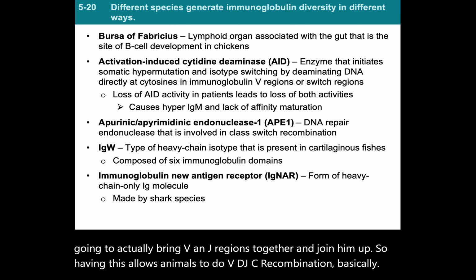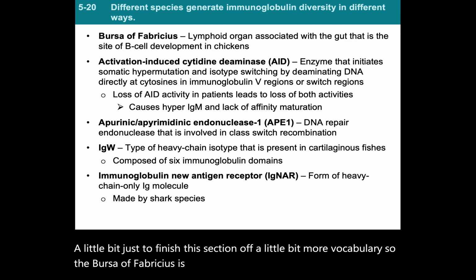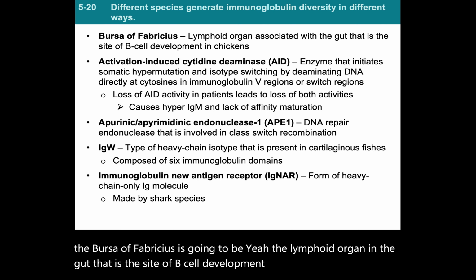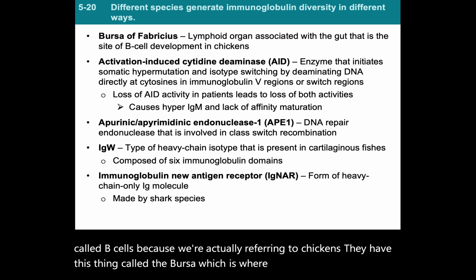Okay. Just to finish this section off, a little bit more vocabulary. The bursa of Fabricius is the lymphoid organ in the gut that is the site of B cell development in chickens. B cells are called B cells because we're actually referring to chickens. They have this thing called the bursa, which is where all the B cells hang out.